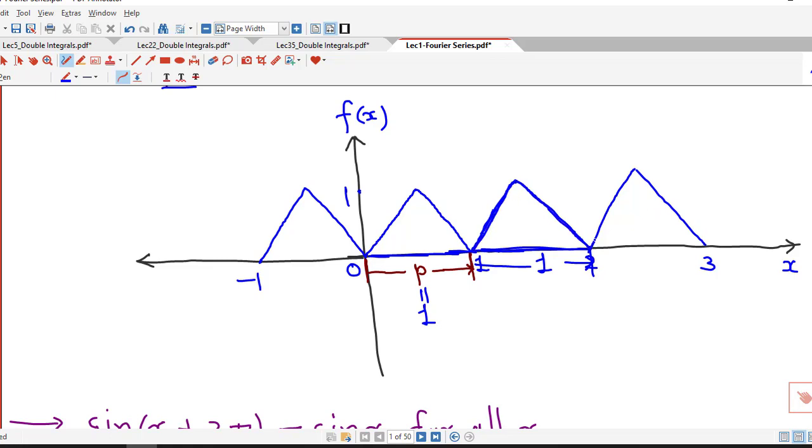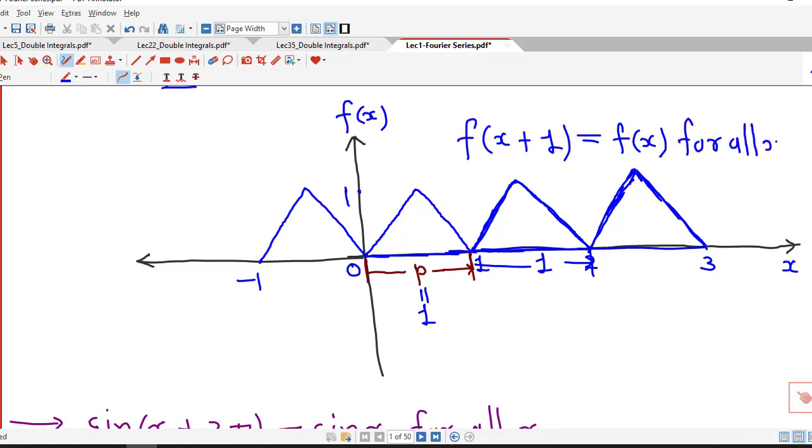Similarly, the graph of the function is the same in the interval from 2 to 3, which is also an interval of length 1. So this function is a periodic function of period p = 1. Here we have f(x + 1) = f(x) for all x. So this graph represents a periodic function of period p = 1.